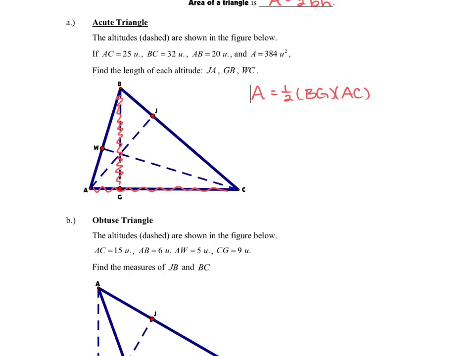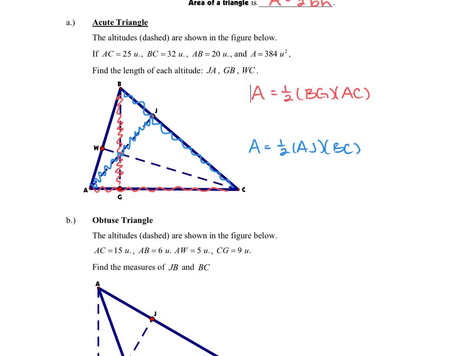Okay. Then I can look at a different altitude. Let's say I'm going to look at altitude AJ here. Well, that altitude then is going to be perpendicular to this base. So if we want to write that, then we would say the area of our triangle is going to be 1/2 AJ times its base of BC.